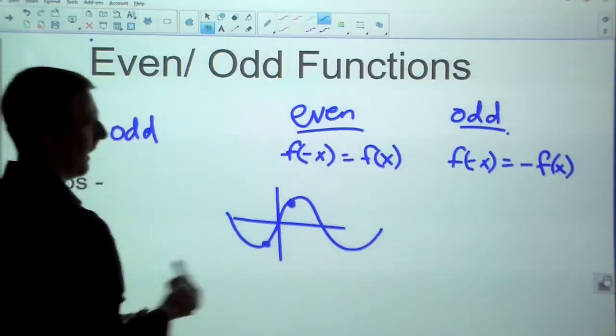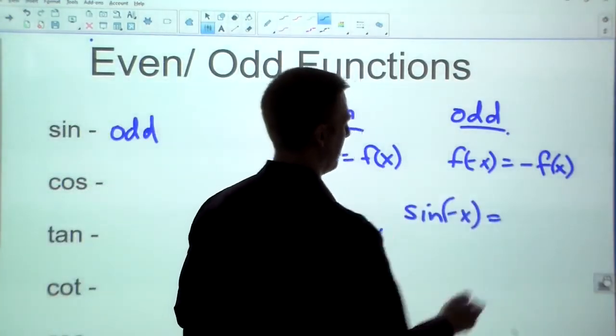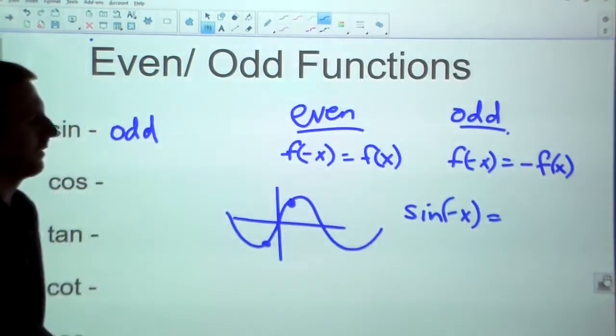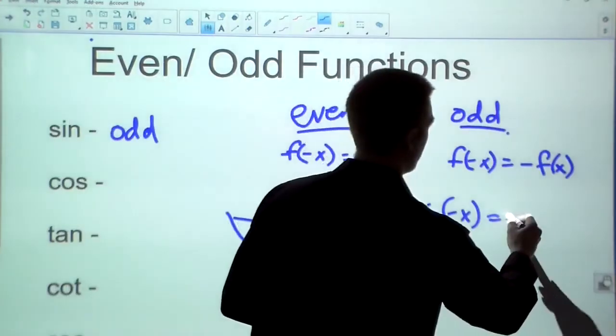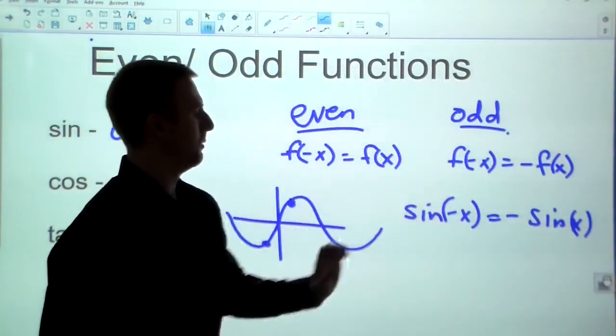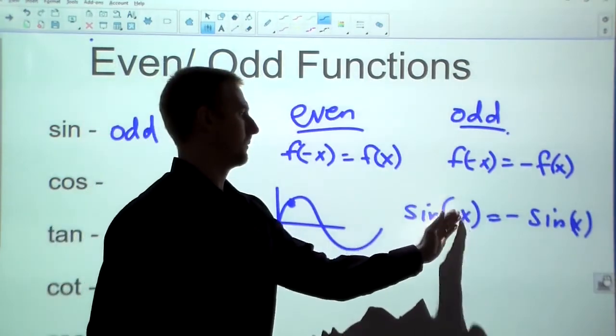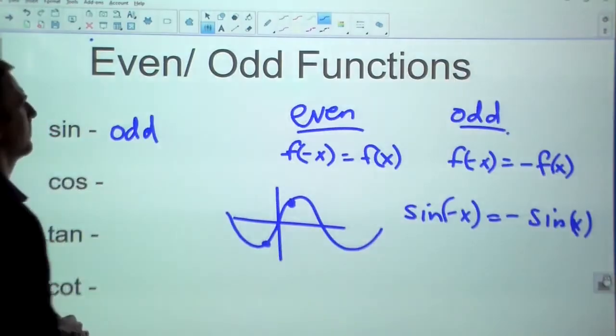Algebraically, you would say sine of negative x and see what it equals. You could try some of your unit circle values, but whatever x you put in there, if you make it negative, you're going to get the opposite y value out. So sine is definitely an odd function.